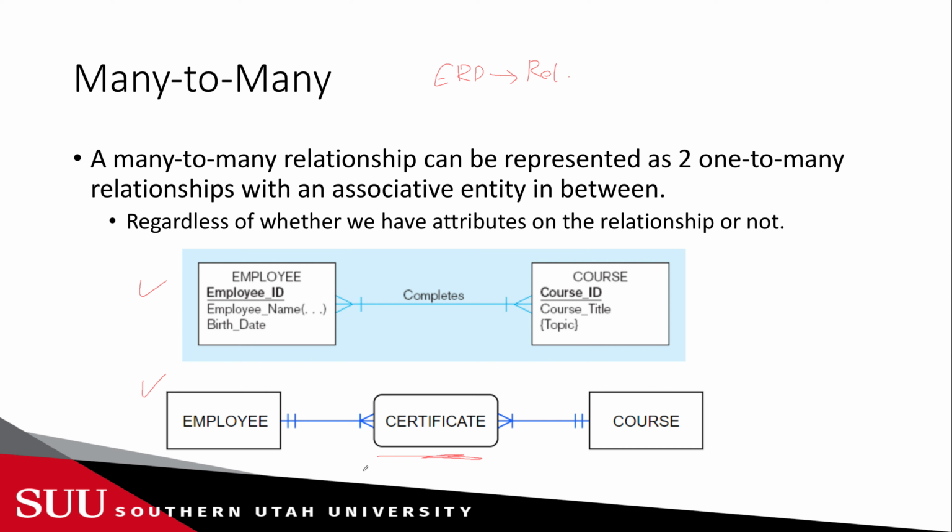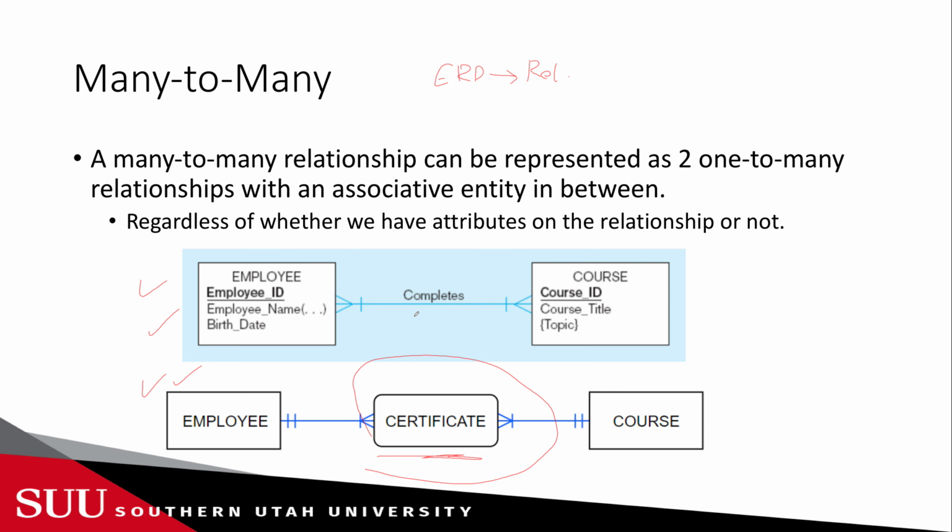When I have associative entities, it's going to be more obvious that I need to have a table right here. So it is going to be easier for me to understand and not to forget having associative entities. Now again, both of these approaches mean the same thing. So if you draw this or you draw this, you basically are doing the exact same thing.